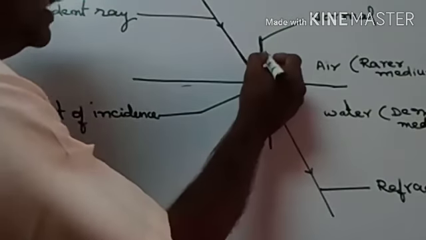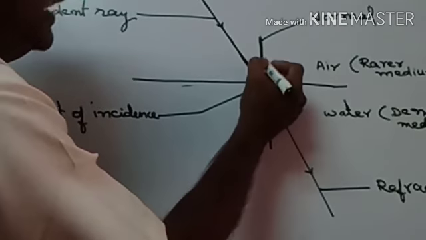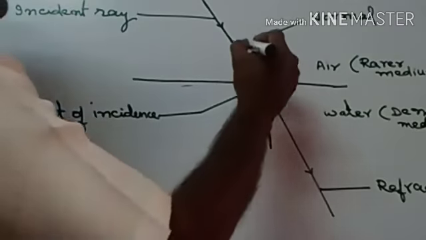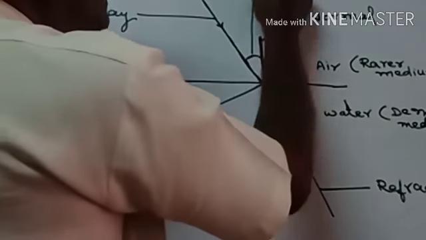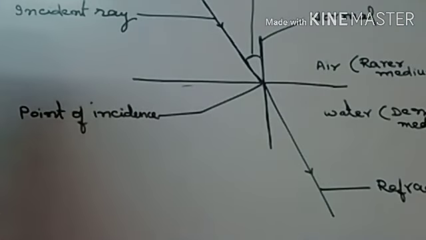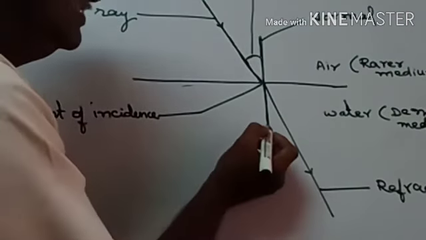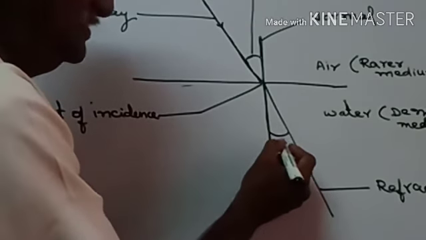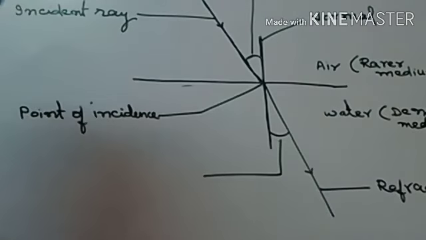With this normal line, the incident ray makes some angle. This angle is said to be the angle of incidence. Now, with this normal, the refracted ray makes some angle. This angle is said to be the angle of refraction.